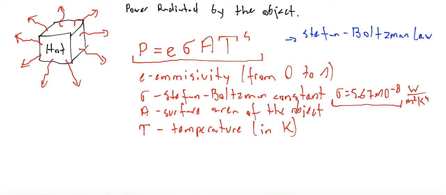So write somewhere: if emissivity is equal to 1, then the object behaves as a black body. By using this equation, we can also define emissivity, but it will be the next point.